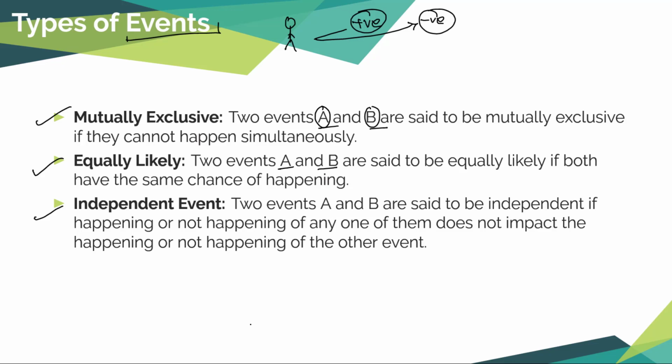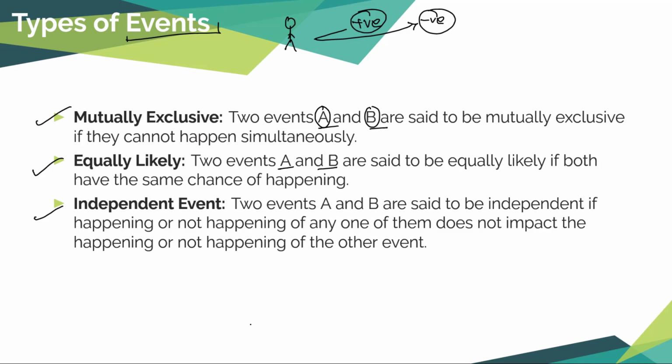Then today's weather and tomorrow's weather, these two events have no correlation or relationship between them. In such a case, these two events will be called independent, right? So your appearing for an examination today has no link to appearing for an examination 1 week later. Then these two events will be called independent.